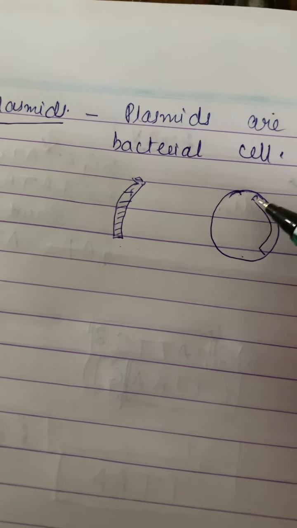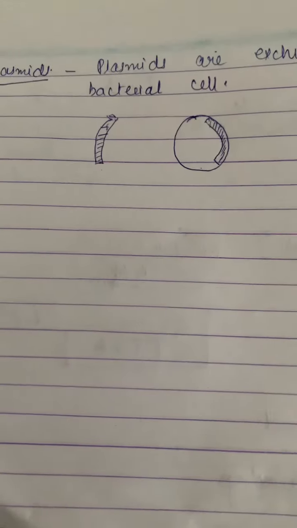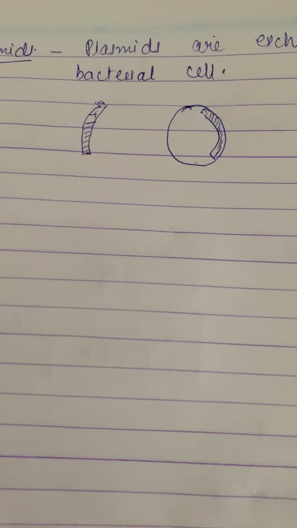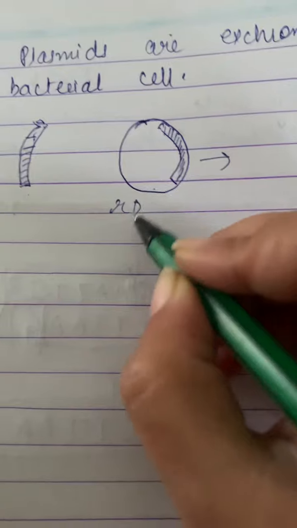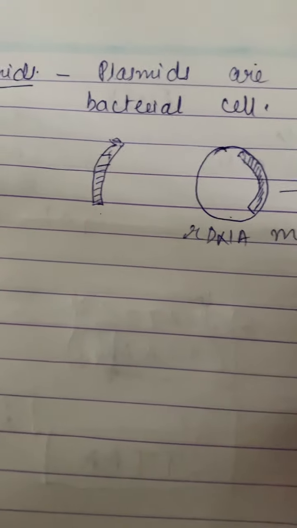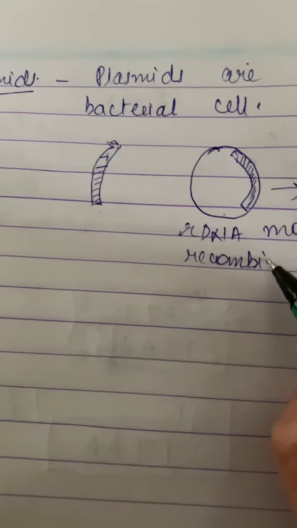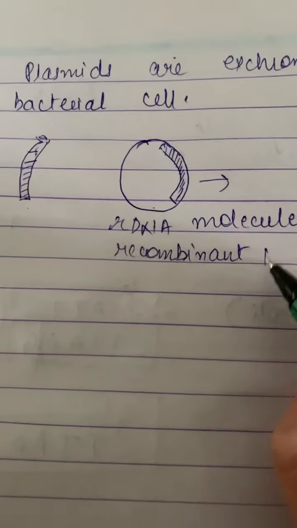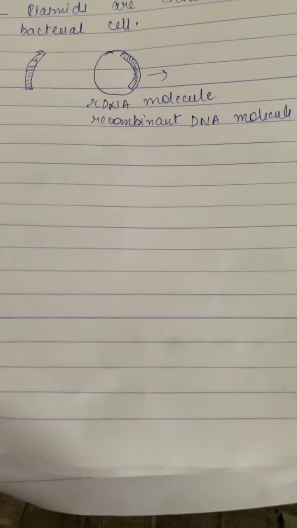We will insert this gene into this vector, into this plasmid like this, and this is called a recombinant DNA molecule. So what is a recombinant DNA molecule?